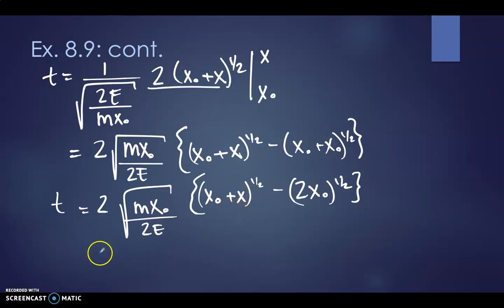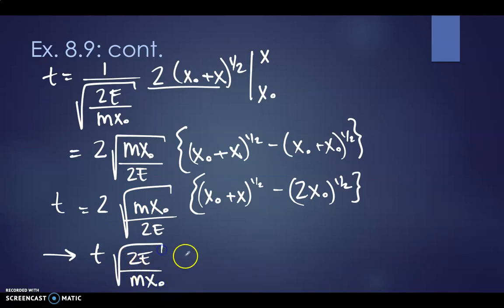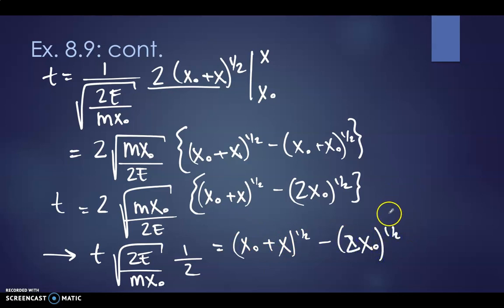So this might get a bit tricky. Let's see. We will have t times this constant here, times 1/2 equals x naught plus x to the 1/2 minus 2 x naught 1/2.